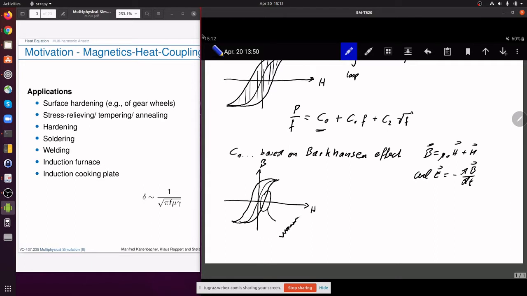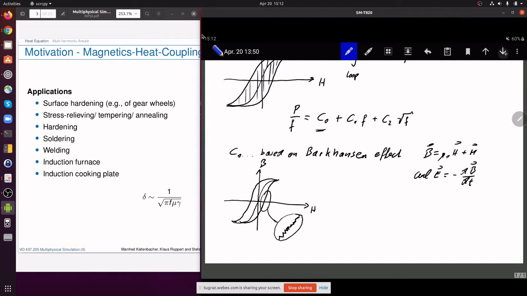So this is not a straight line, it's actually very wiggly, and that's a stochastic jumping of domain wall segments, the Barkhausen effect. So this is the C0 part here that scales with frequency if we multiply this whole formula with f.